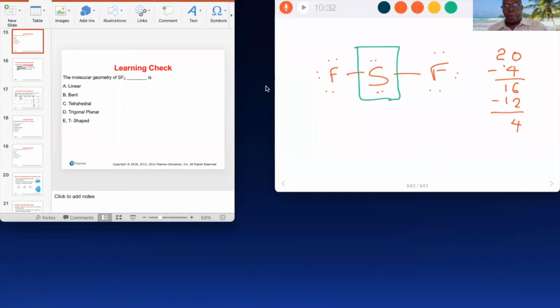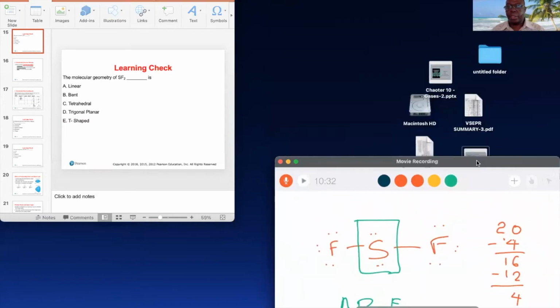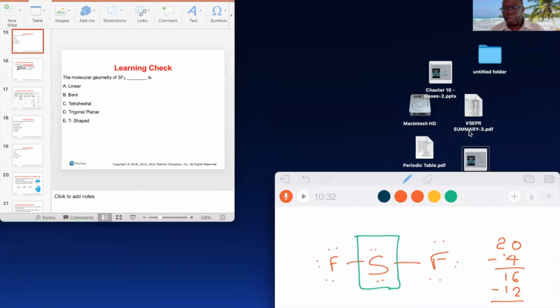And we have to focus on the bonding atoms and the non-bonding electrons. This is of the type AB2E4, with A the central atom, B2 meaning 2 atoms connected to the central atom, and E4. So with that, I'll allow you to use this table, the valence shell electron pair repulsion model.